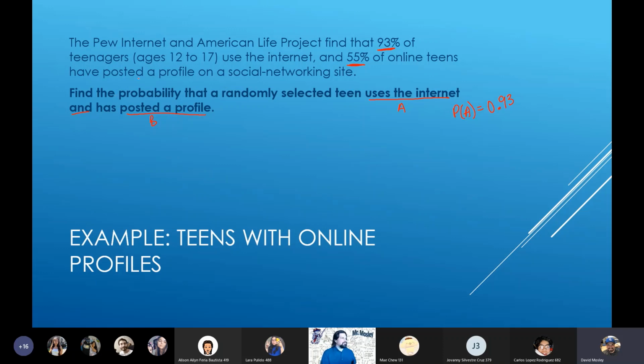And 55% of online teens have posted a profile on a social networking site. We don't know the probability of B at this point because this is connected to them being online using the internet. The probability of B given A is 55%.